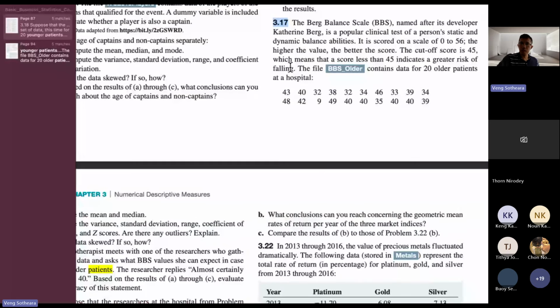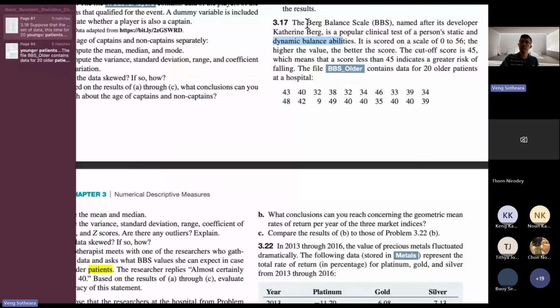Okay, 3.17. So this is the balance scale that is named after its developer, Katherine Berg. This scale is very popular in clinical tests of a person's static and dynamic balance ability. Okay, so the SAT just measures IQ, right? IQ ability.